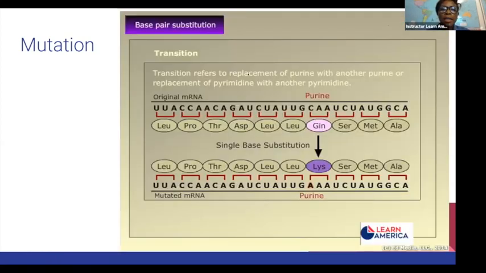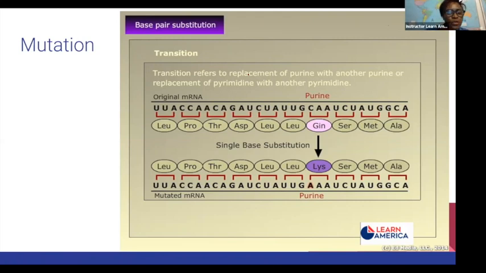All right, so let's take a look at some different types of mutation. We see here transition, referring to the replacement of a purine with another purine, or the replacement of a pyrimidine with another pyrimidine. What's that all about? Let's take a look.